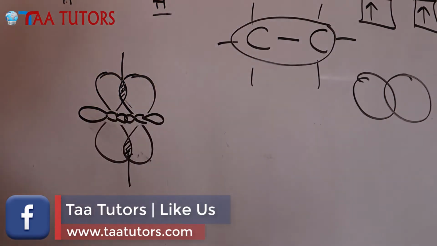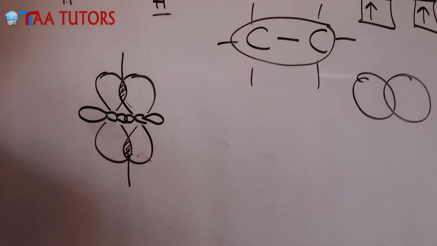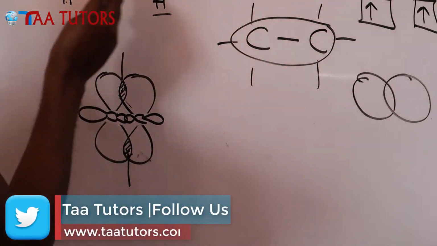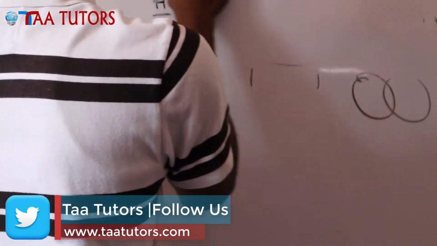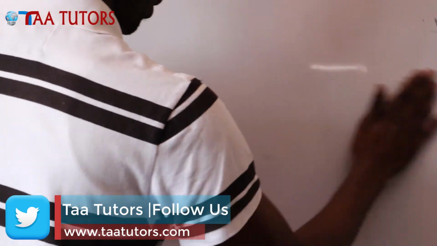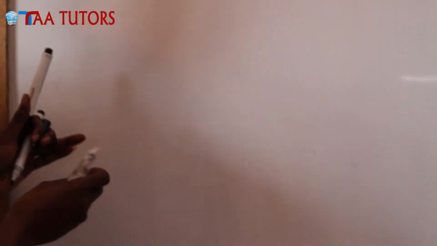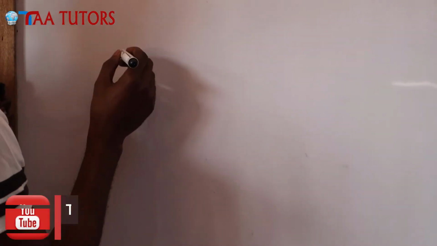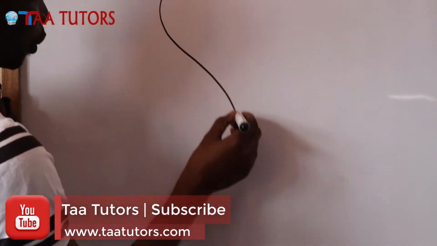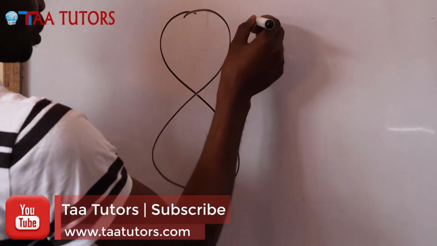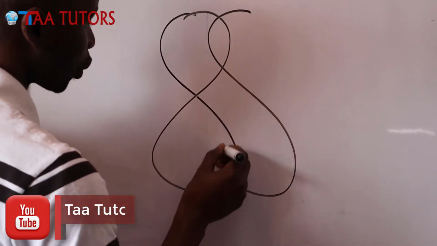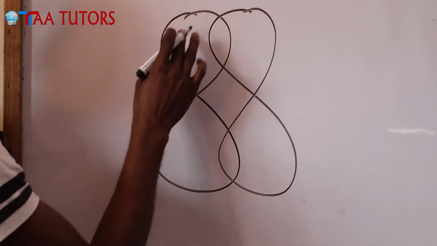I don't know whether that is making sense, but let me draw a big diagram so that we are able to see how these things form. Because if you understand pi bonds and sigma bonds, then believe me, everything will be okay. Let me draw a much bigger diagram to show how these orbitals overlap.